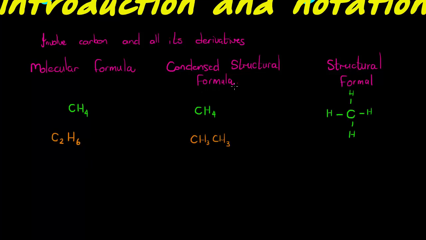In the condensed structural formula, we see we've got 1 carbon with 3 hydrogens bonded to another carbon with 3 hydrogens, and if I draw the picture for you, you'll understand where we get that from. So here we have 2 carbons connected to one another, sharing an electron, and each one of these carbons is sharing more electrons with hydrogen. Again, I'm just showing you the different notations. In the next video, we'll explain how each one of these can be constructed from the others.